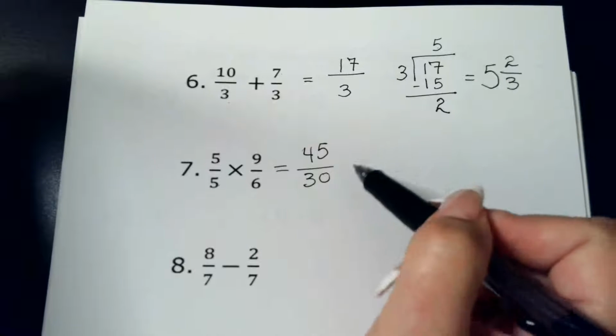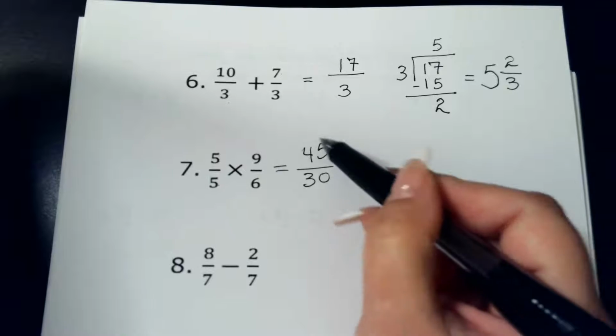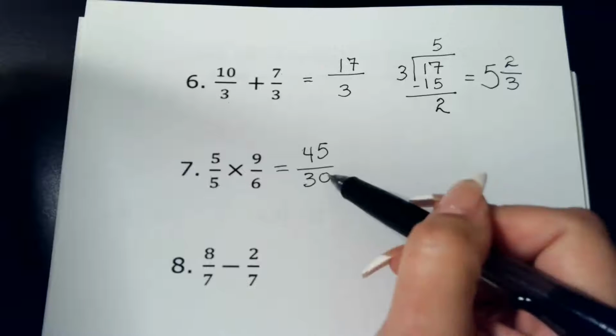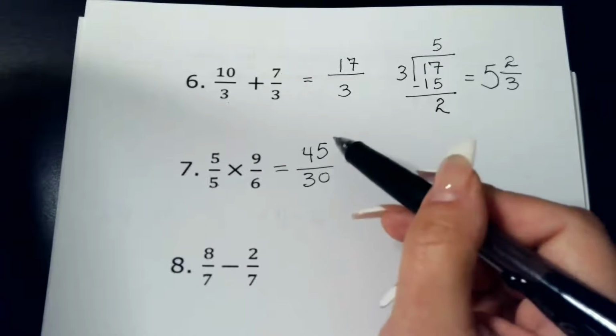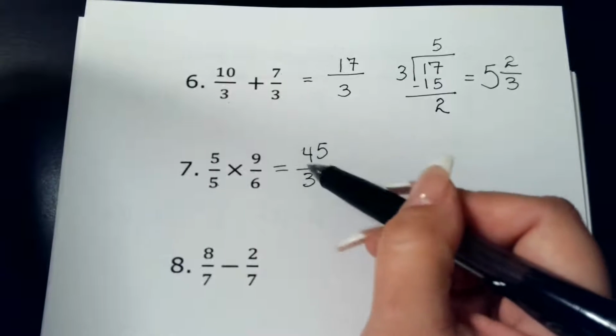So we could, recognizing that both end in either a 5 or a 0, we could reduce it in this form, or because it's an improper fraction, we could turn it into a mixed number. So I always like to work with smaller numbers.